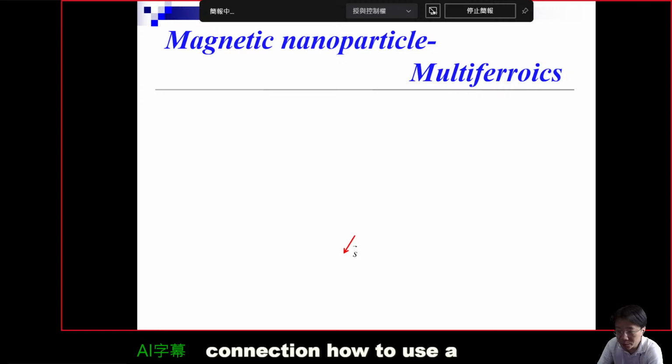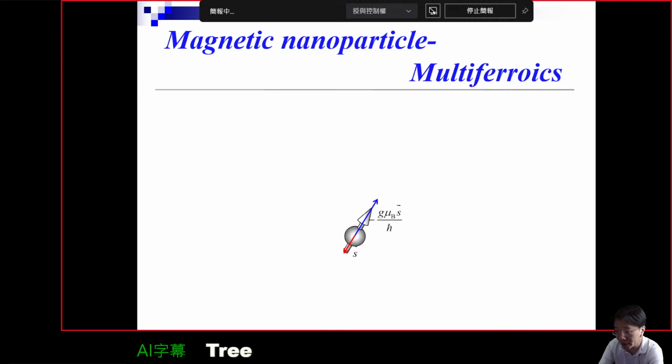Similarly, we also have spins, like we talked about in the very early class. Once an atom carries spins, it will create a magnetic moment.